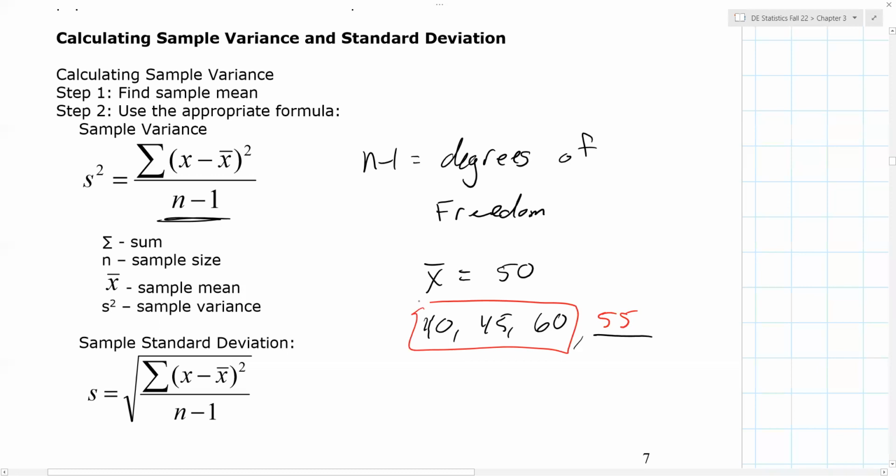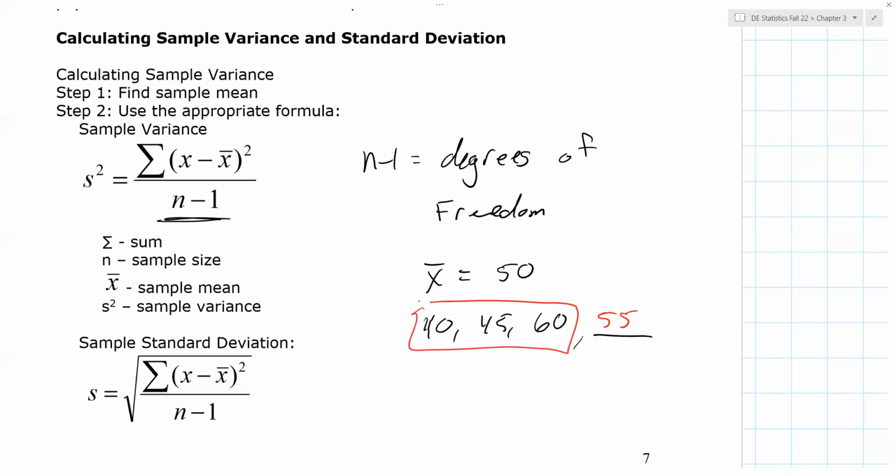But once I know those 3 scores, the fourth score is predetermined. If my average has to be 50, those first 3 scores can change, but then the fourth one has to be a certain value in order to make the average 50. And so that's why it's n minus 1, and that's why it's referred to as the degrees of freedom.